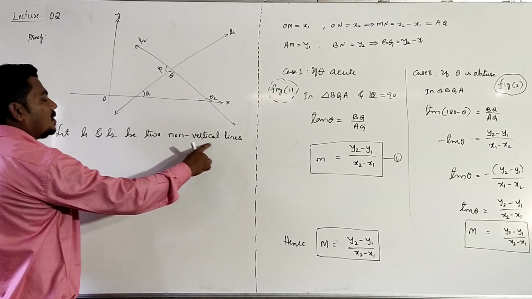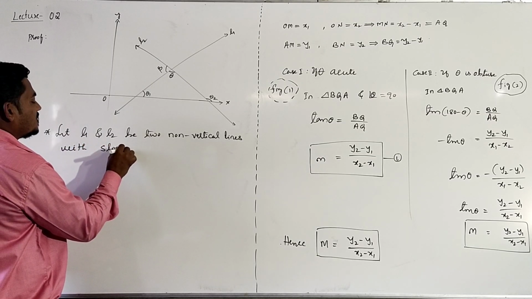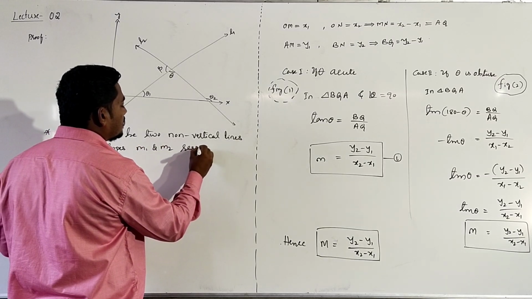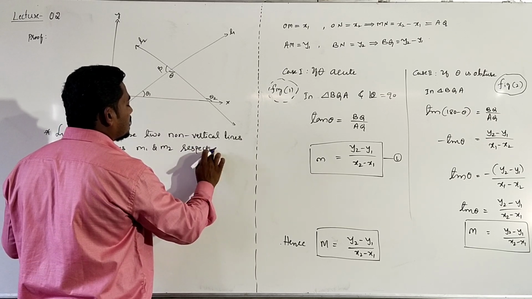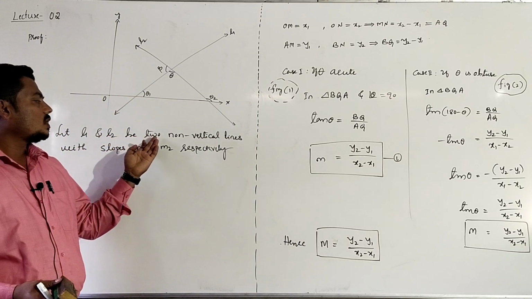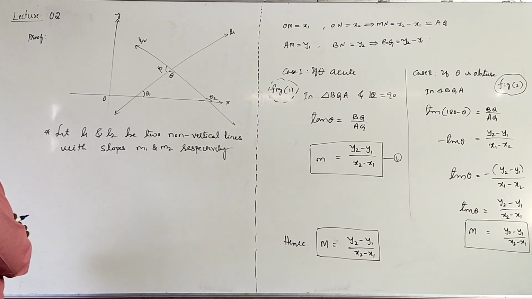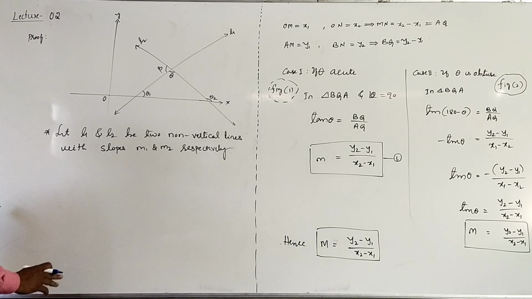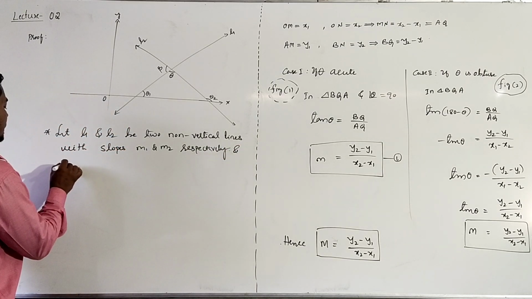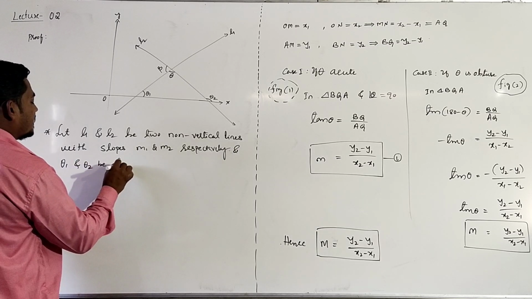Let L1 and L2 be two non-vertical lines with slopes m1 and m2 respectively, right? And theta 1 and theta 2 be their inclinations.